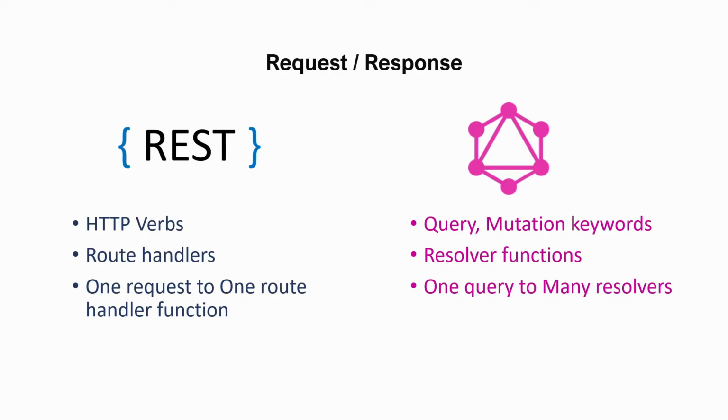What I mean by that is maybe you have a field and you can call another field that relates to a different resolver function, and it will resolve as a nested field. In GraphQL, you can have one query that's connected to many resolvers, whereas for the REST API, each request is connected to one route handler function.